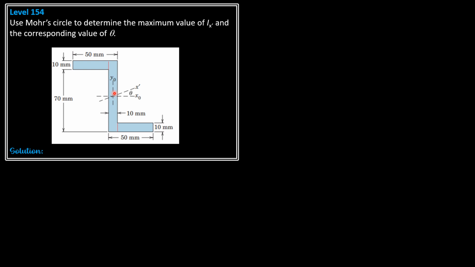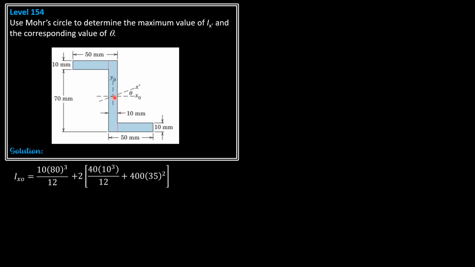10 times 80 cube over 12 plus 2 times quantity 40, so this one is 40 base, height 10, so 2 times quantity 40 times 10 cube over 12 plus area 400 times barred y, which is 35 square.